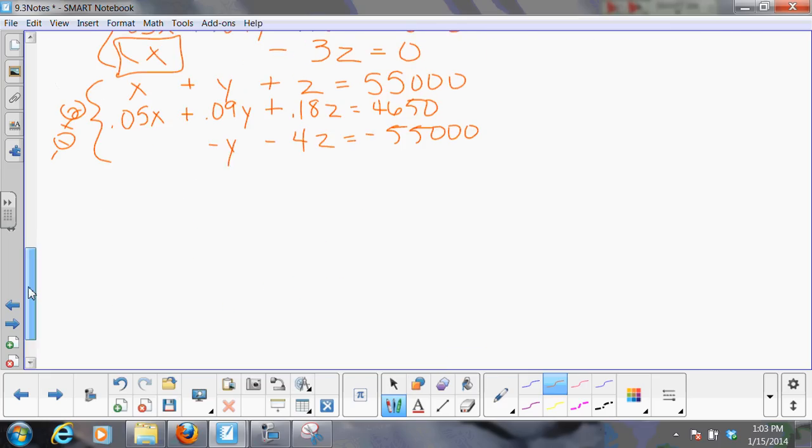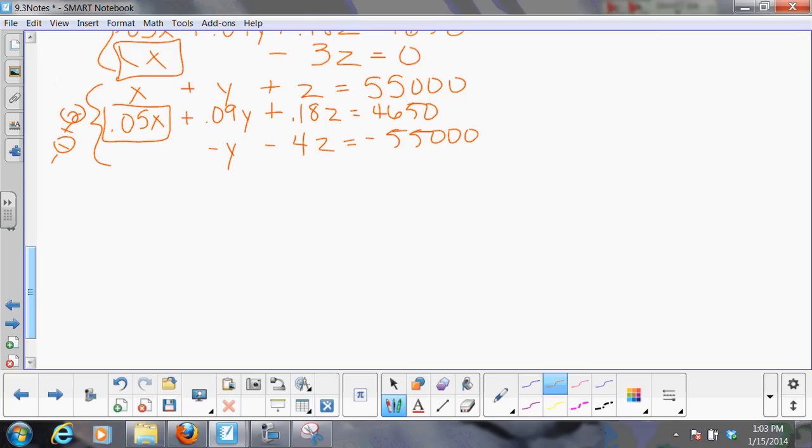All right, now I need to get rid of this piece right there. So I'm going to multiply negative 0.05 times row 1 and add it to row 3. So my x parts go away.